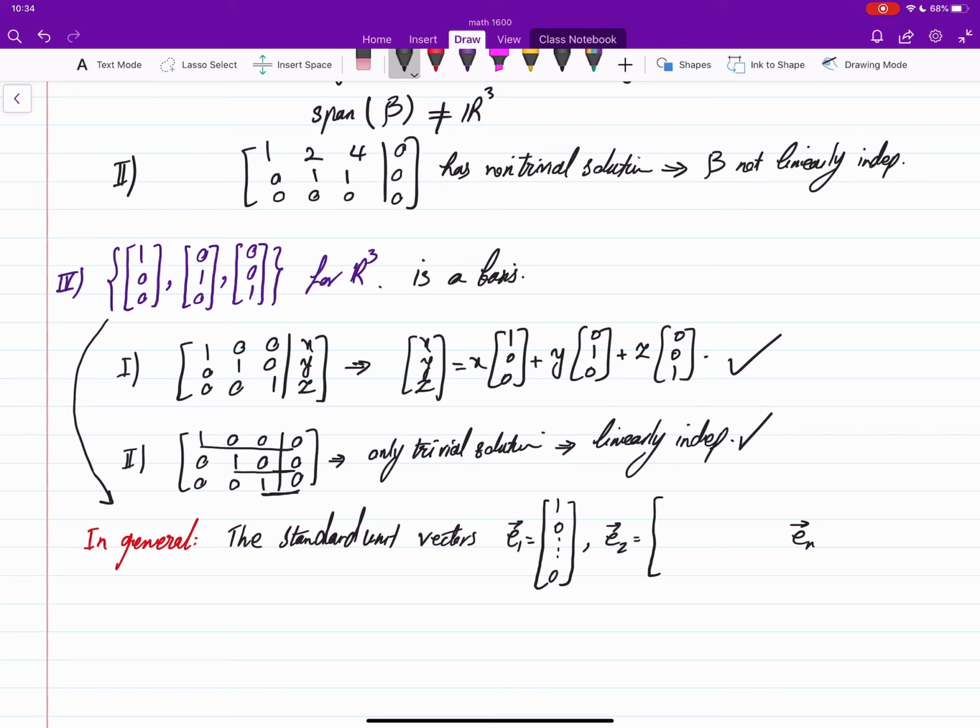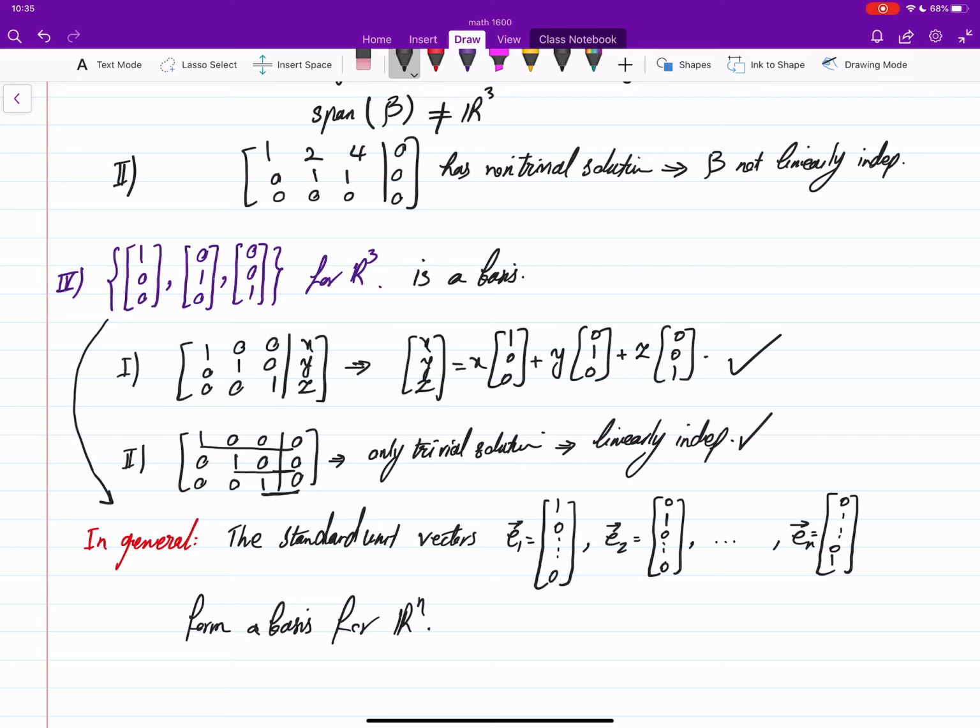E2 is the one which has 1 in the second component, everything else is 0, and so on. En is the one which has only the nth component 1, everything else is 0. So these form a basis for Rn.